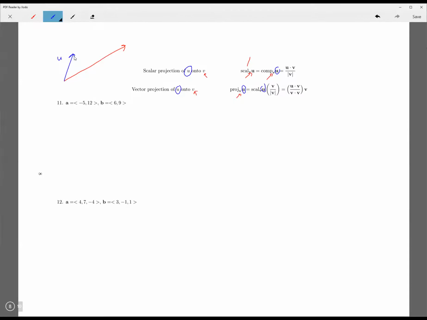Essentially, if you could drop down vertically, then this vector here would be the projection.